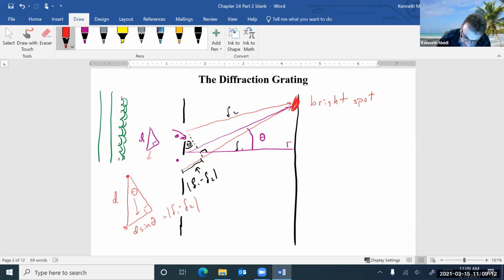And so we run into this mathematics that the path difference, to get a bright spot, has to be on the order of one whole wave or two whole waves.